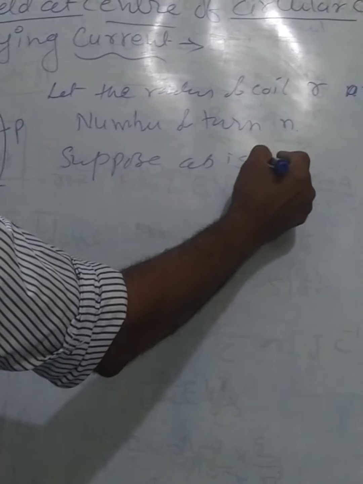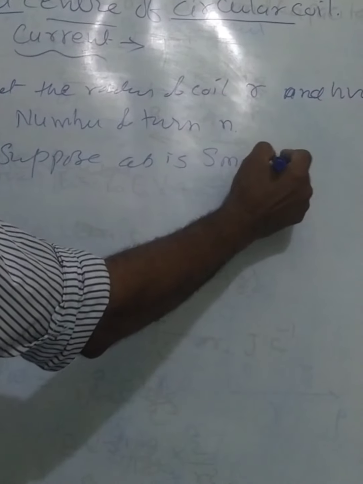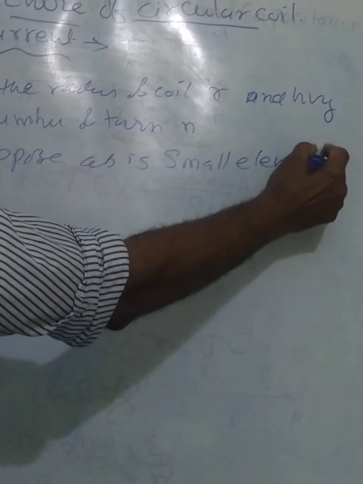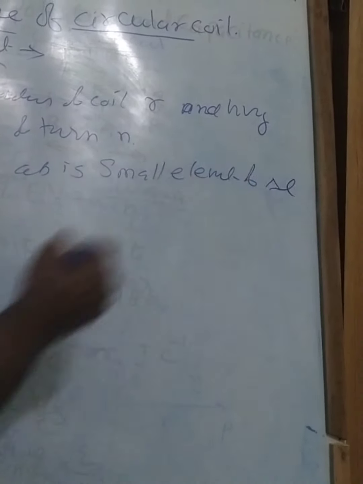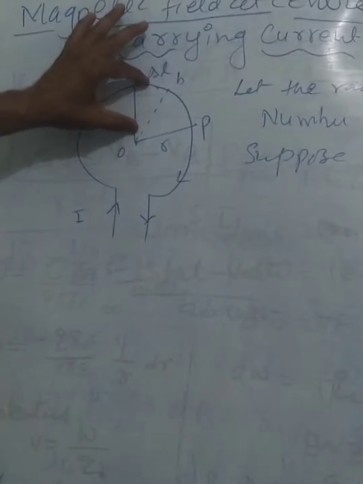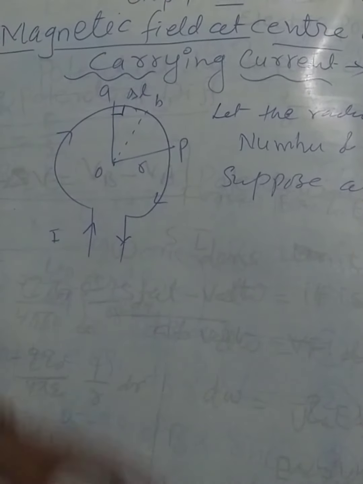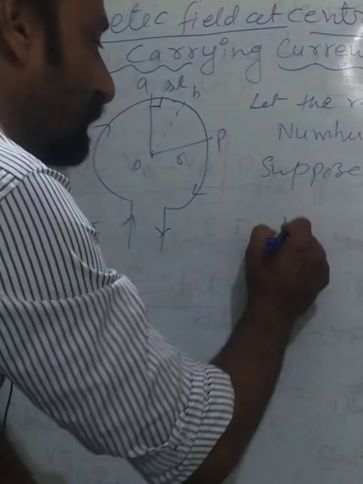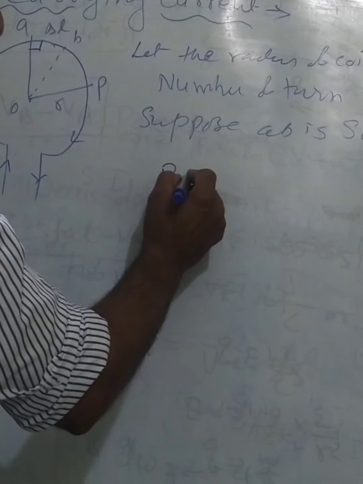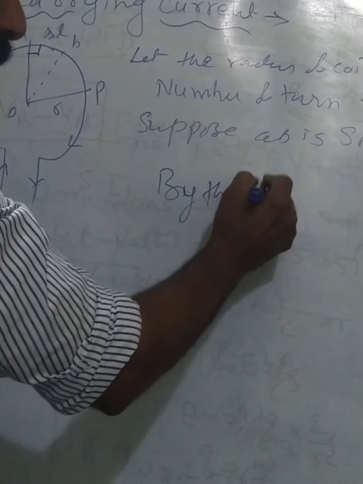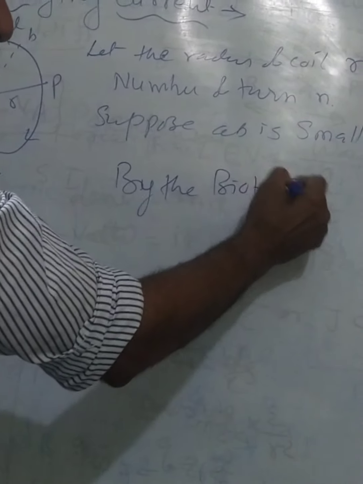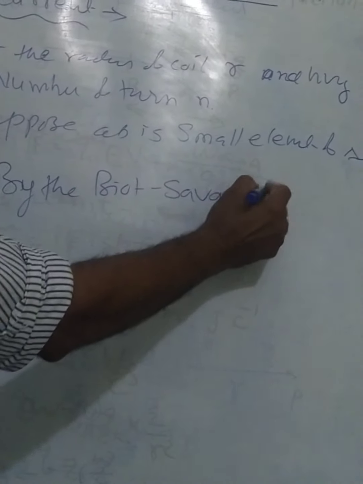Suppose AB is a small element of length del L. As we have supposed the small element of length del L, we remember the Biot-Savart law.